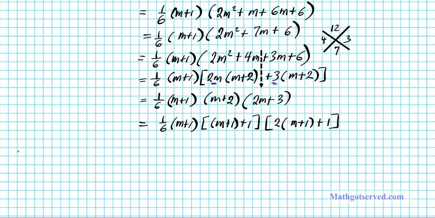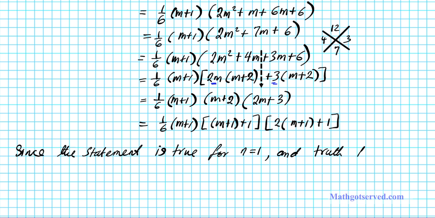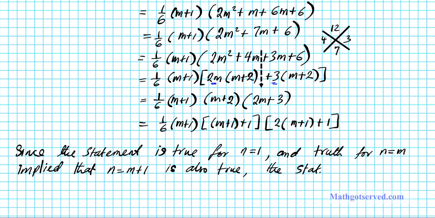So we just simply say, since the statement is true for our base case, n equals 1, and truth for n equals m implied that n equals m plus 1 is also true, the statement is true by mathematical induction.